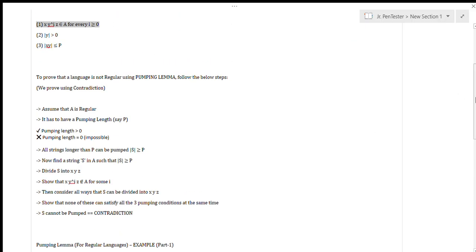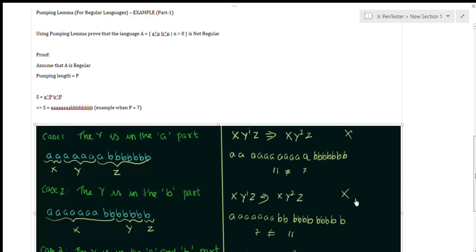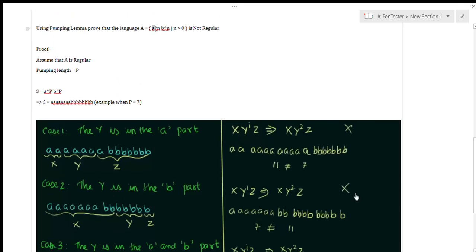And finally, looking at our last case, where Y was overlapping the A part and the B part. Although we have an equal number of A's and B's in case 3, the issue is that we have A's after B's right here, which should not be possible in our language A, because first we have all the A's and then all the B's.